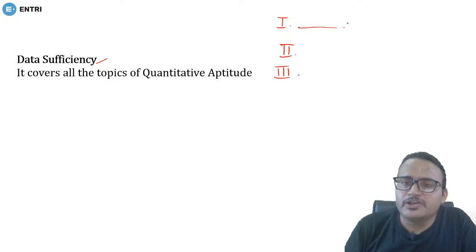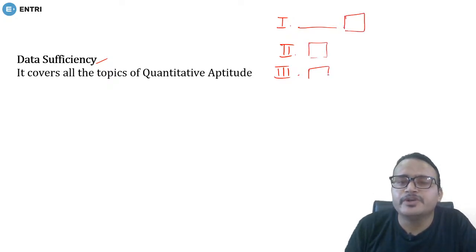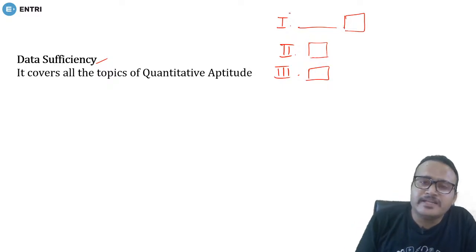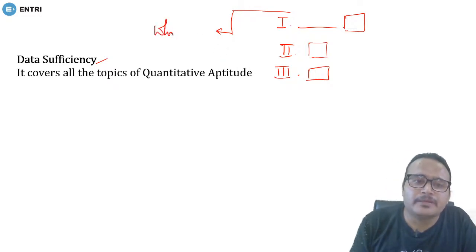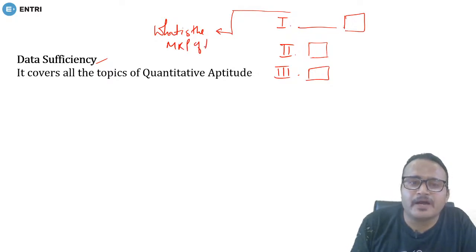So here you need to find some value. And in data sufficiency, you have a question like what is the MRP of the article?